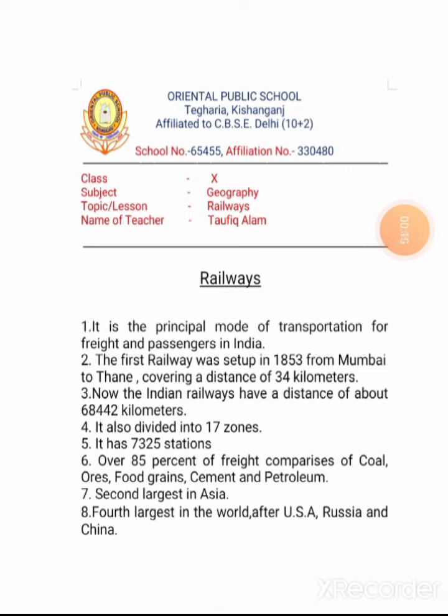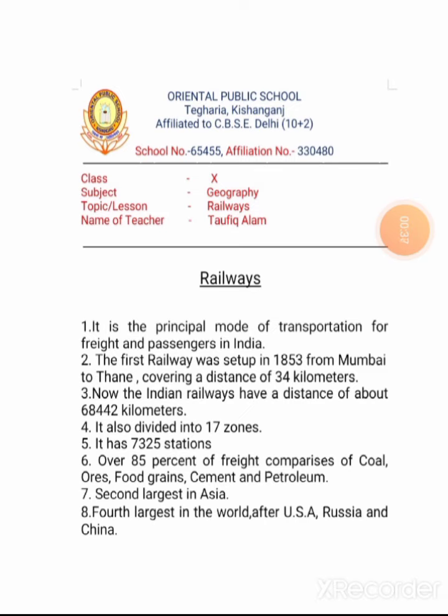Today I am here with a video of class 10th geography, and the topic is railways. As we all know, in land transport, among all the transport systems, railway is one of the most important in our country. So we will briefly discuss railways.